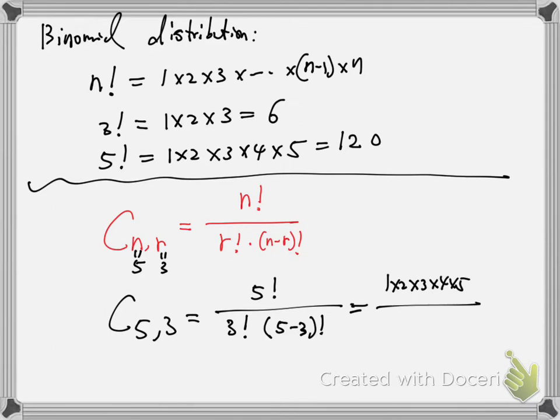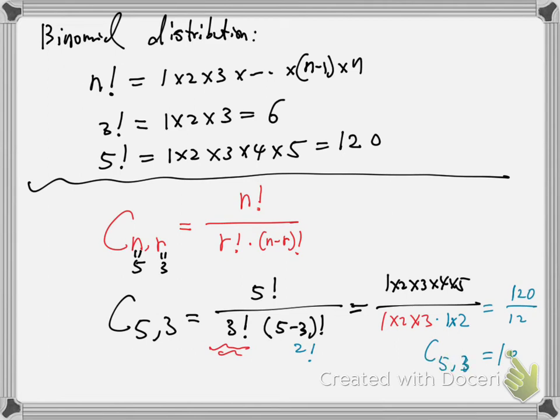Bottom, this 3 factorial, we use red color, 1, 2, and 3. And 5 minus 3 is 2 factorial, we use this blue color. Then we multiply these two factorials together. So top is 120, bottom is 12, then this is 10. So C 5, 3 is 10.